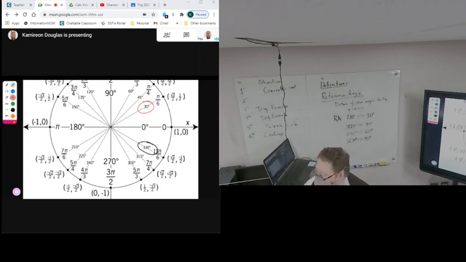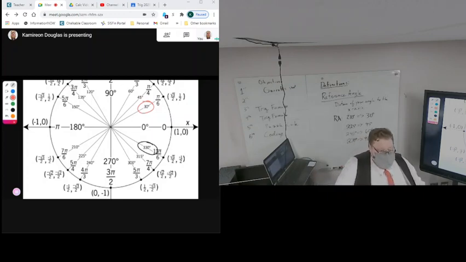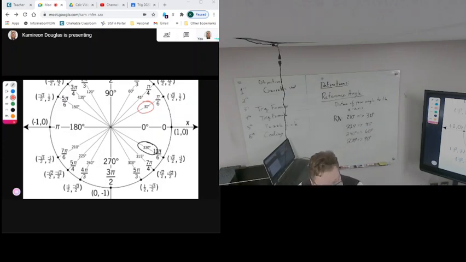Maybe one's positive, maybe one's negative, but they'll be similar. The tangent values will be similar. The cosecant, the secant, the cotangent will be similar. Some the same, some an inversion of them. Which means that if I know how 30, 45, 60, and 90 work, the references will tell me how all of them work.